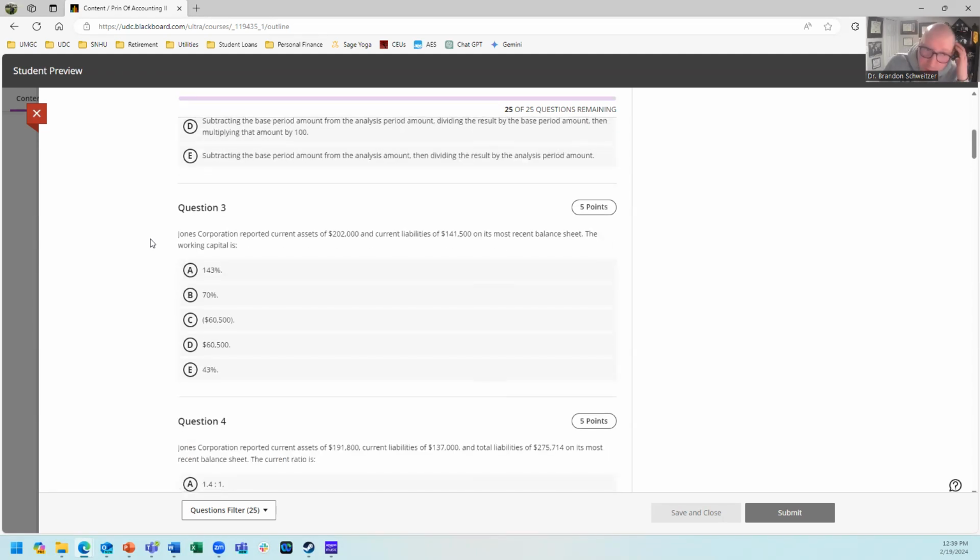You'll notice there are a couple of math-driven questions in here, which means you need to know the formulas. For example, in question 3, I see current assets and current liabilities, and the question is, what is the working capital? You need to know the working capital formula to solve this question, and we learned about it in chapter 17.